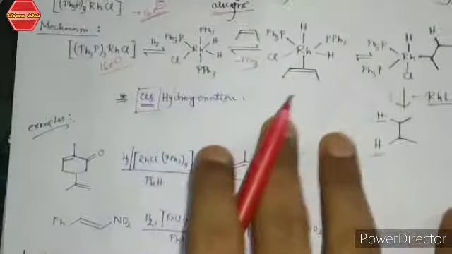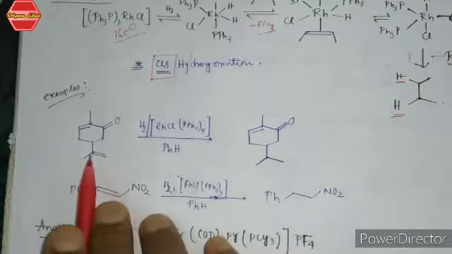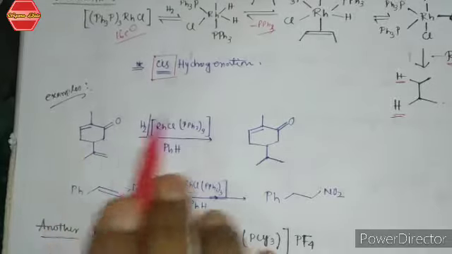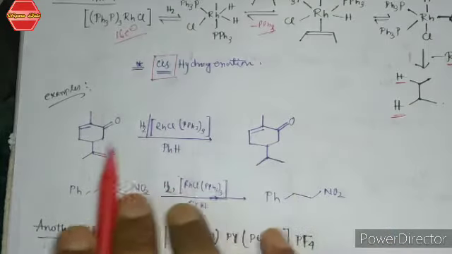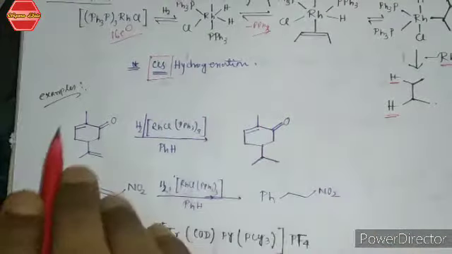Now there is a concept I already mentioned, that is non-conjugated. What is a non-conjugated alkene? There is a compound like this, and if you reduce it, the Wilkinson catalyst will selectively reduce this type of double bond, because it will not react with the conjugated alkene and always reacts with the non-conjugated alkene.